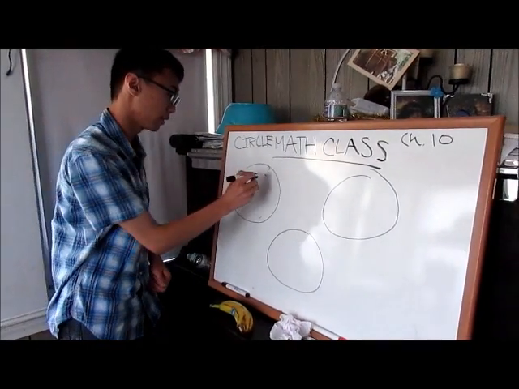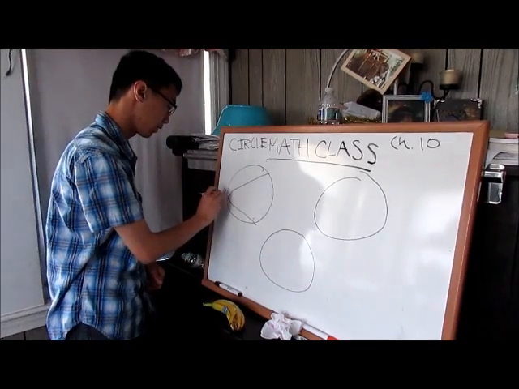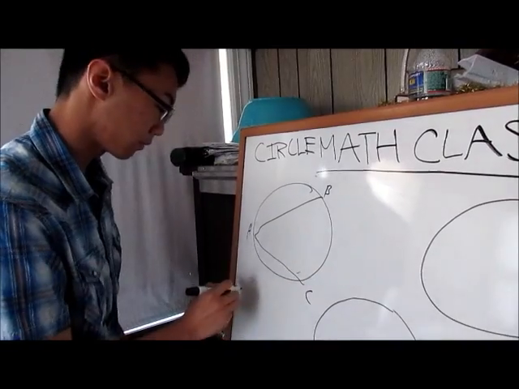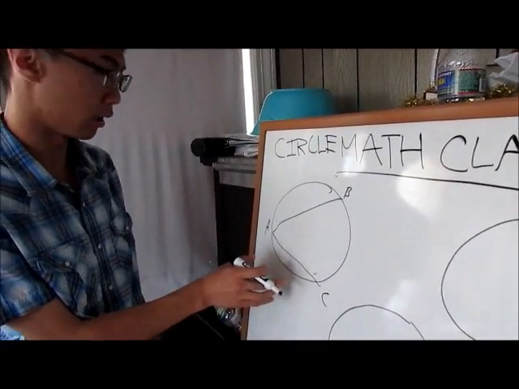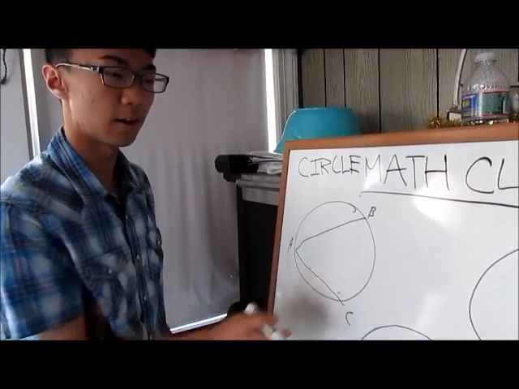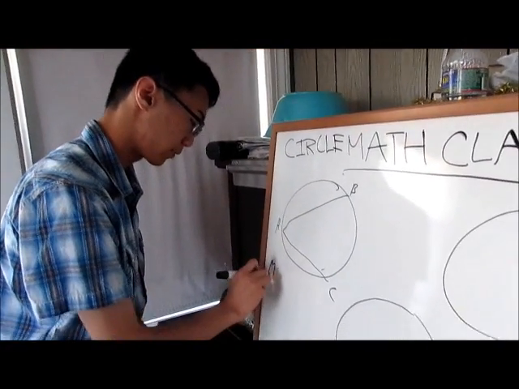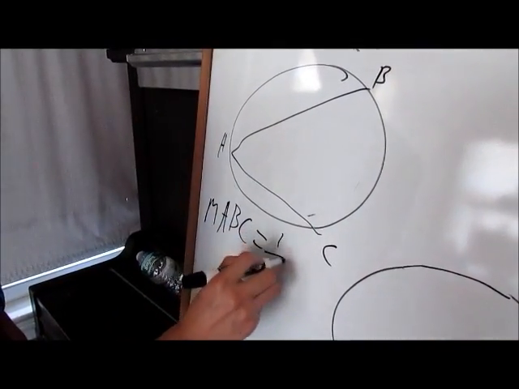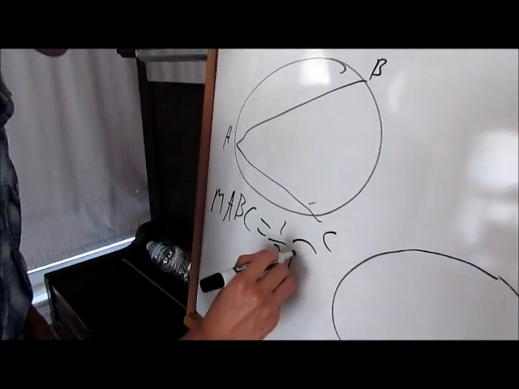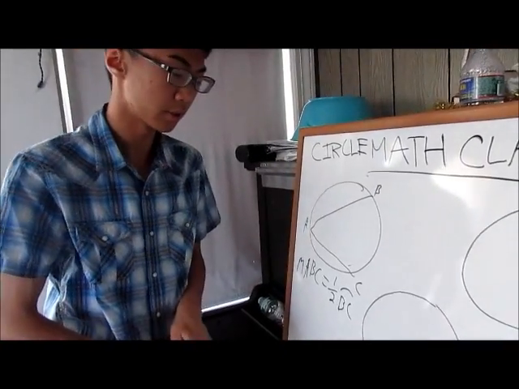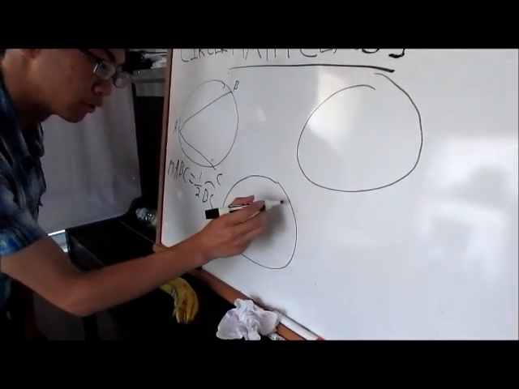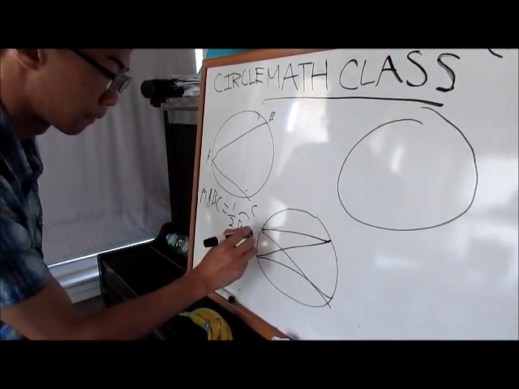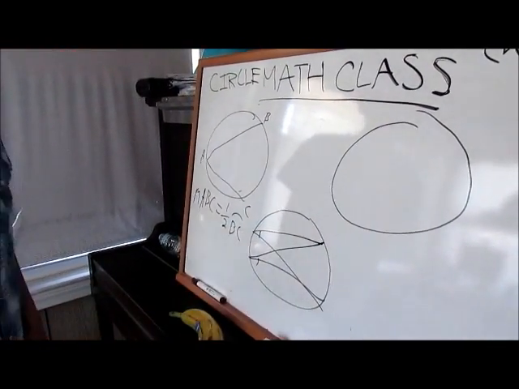Okay, so the measure of an inscribed angle, let's see. The measure of this inscribed angle is exactly 1/2 of the arc. So measure ABC equals 1/2 the arc of BC. Also, another note, if two inscribed angles intercept the same arc, the two angles are the same.